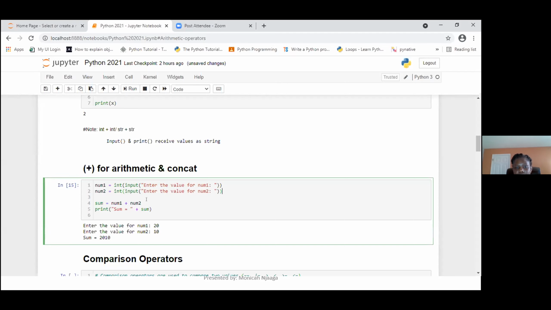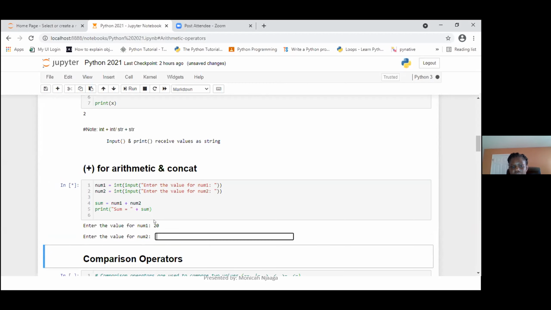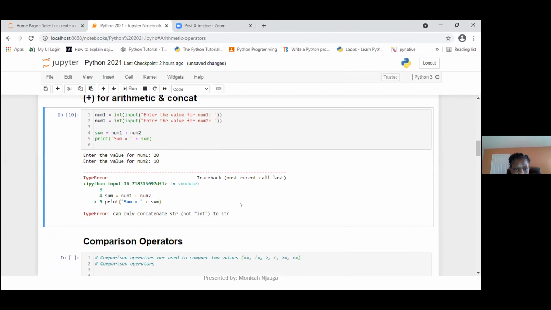So now we have our integers. So guess what? We should get a 30, right? We're gonna use the same numbers. So let me run this again. 20 and 10 and 30, right? Wow, guess what?